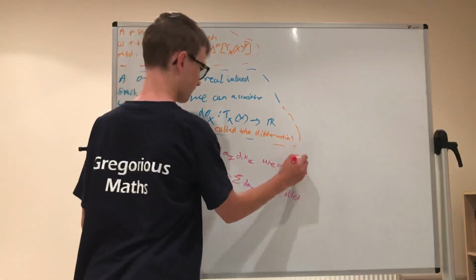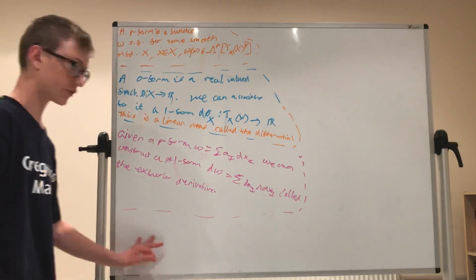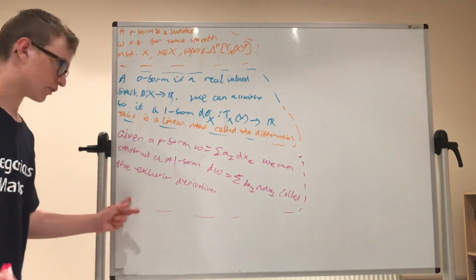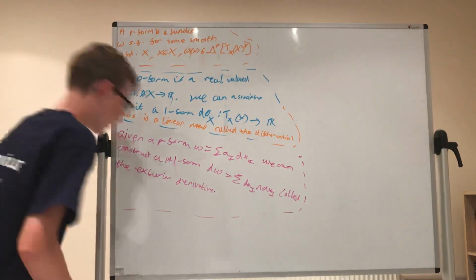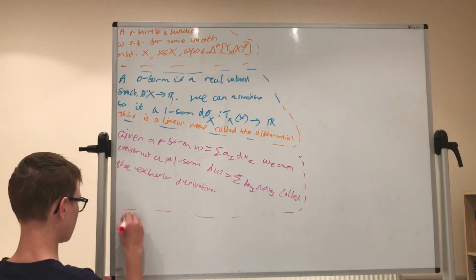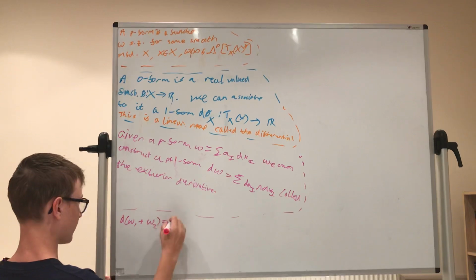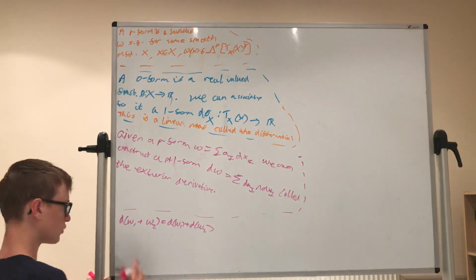And again, since it's not really the point of this video, I'll just state the 3 very important properties of this exterior derivative, and also it takes quite a lot of work to prove them. Essentially, d of omega 1 plus omega 2 is equal to d of omega 1 plus d of omega 2, so it satisfies the sum rule.